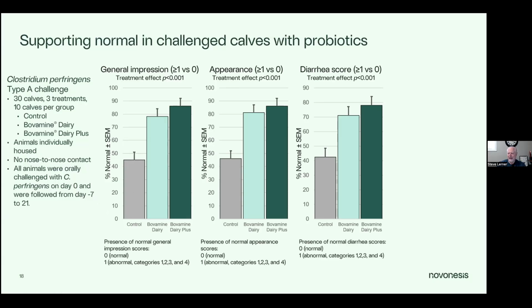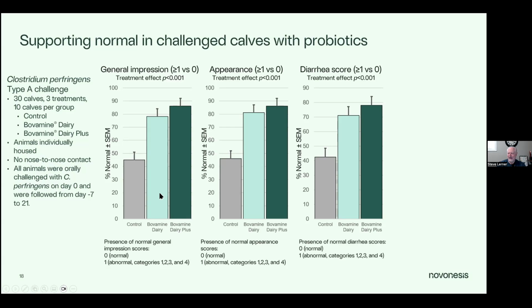So in theory, our baseline should be roughly 25%. In the group receiving no effective probiotics across the 28 days of observation, we saw only 43% on average normal. The same would be true for appearance and for diarrhea.